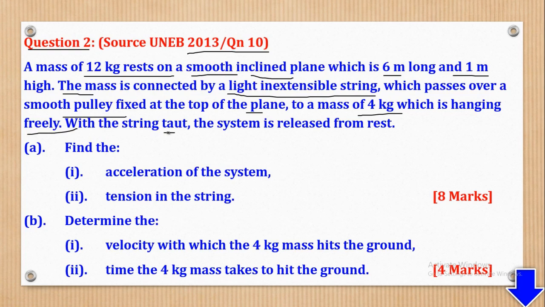With the string taut, this taut means tight, the system is released from rest. Part A, find Roman 1 the acceleration of the system, and Roman 2 the tension in the string. Then part B, determine Roman 1 the velocity with which the 4 kilogram mass hits the ground, and Roman 2 the time the 4 kilogram mass takes to hit the ground.